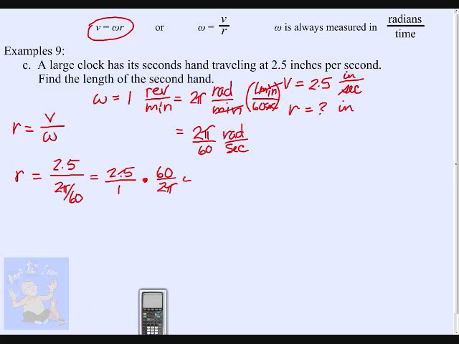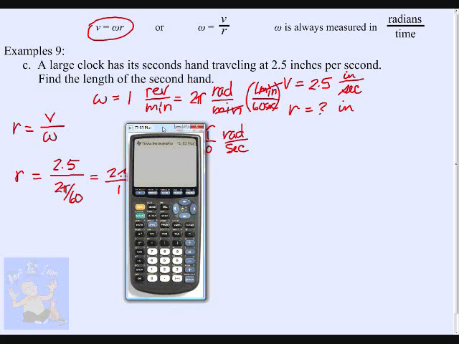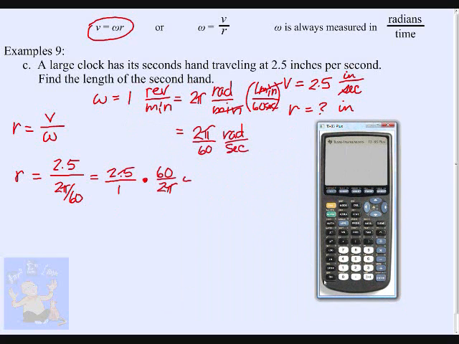And I'll pull my calculator up to help me out with this. 60 divided by 2 divided by pi, and then times 2.5.